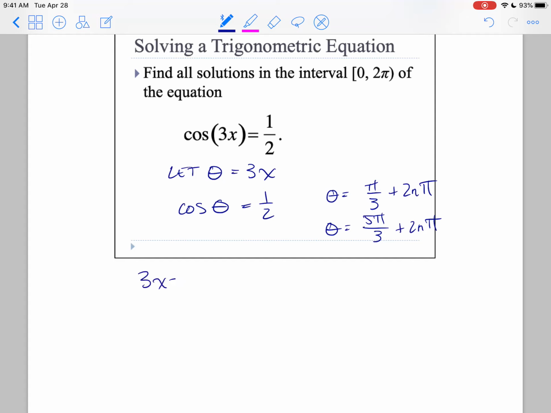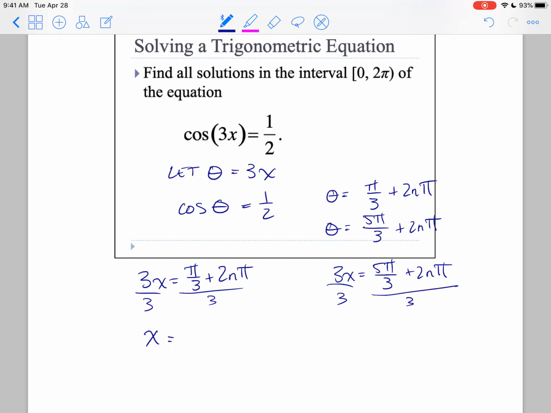So if I set 3x equal to pi over 3 plus 2n pi, and if I set 3x equal to 5 pi over 3 plus 2n pi, and then I divide both sides of this equation by 3, I get x equals pi over 9 plus 2n pi over 3.